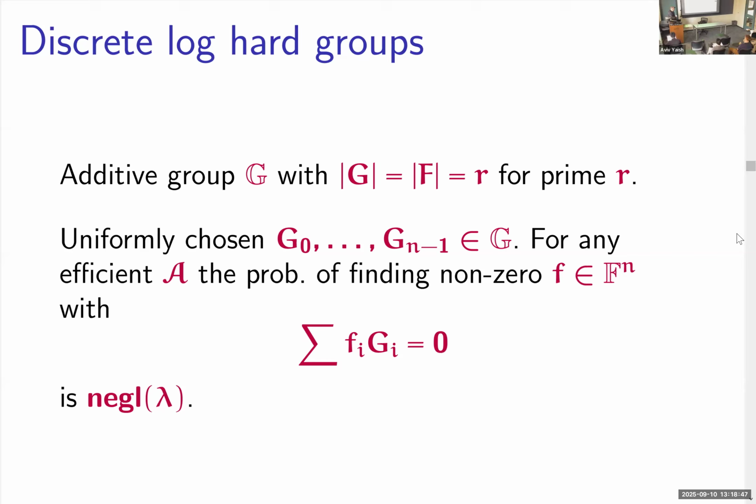It's a nice and easy exercise to see that this is equivalent to the more standard definition of discrete log hardness, where you just have two group elements G and P, and you need to find the discrete log relation between them.